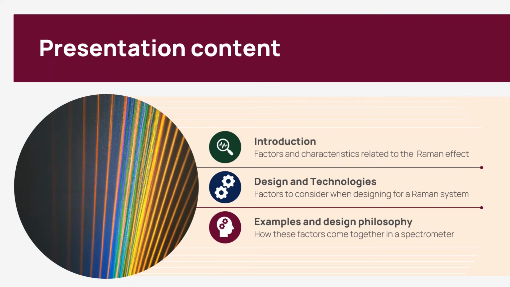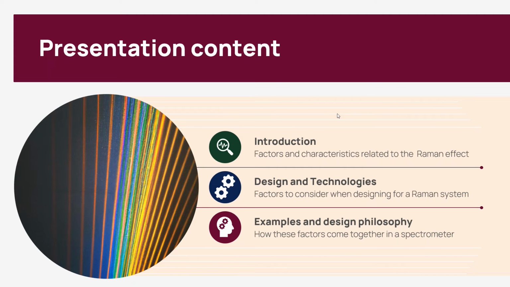I've taken the liberty of splitting the presentation into three different parts. First, we'll have a brief introduction into the factors and characteristics related to Raman, specifically what the spectrum would typically look like and what to be aware of and what not to be aware of that much.